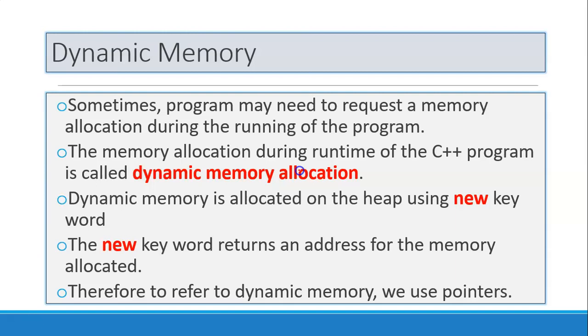When somebody runs a program, you may want to create an array, for example, of grades. We may not know how many students will be in that class. If we have a program that should be capturing grades and calculating the average for the grades of a class for a certain module, we may not know how many students will be there in the class.